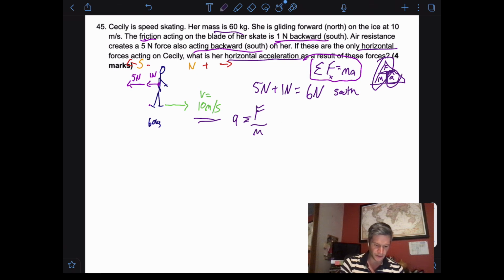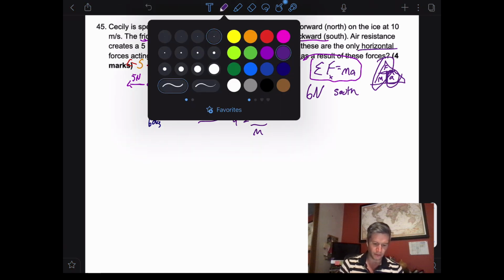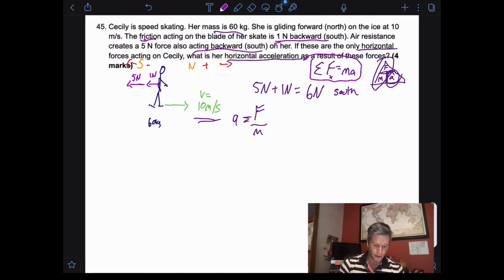Let's double check we've got all our variables before we keep barreling forward. Do we have forces? Yeah, we got our net forces. Do we have a mass? Yeah, we already established that. So we should be able to figure out her horizontal acceleration, and that's all we're looking for. Again, that's a result of all the summed forces that we have.